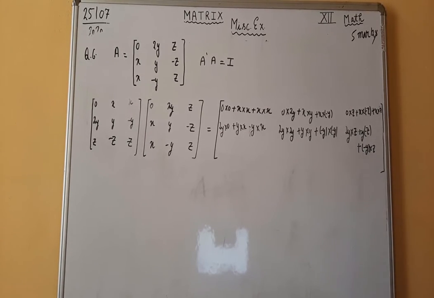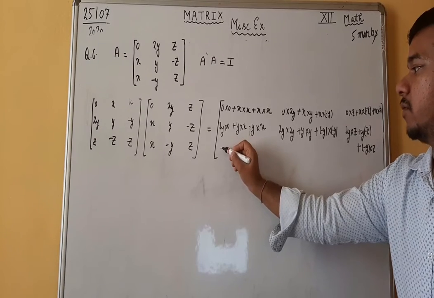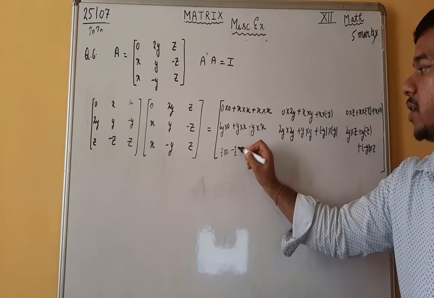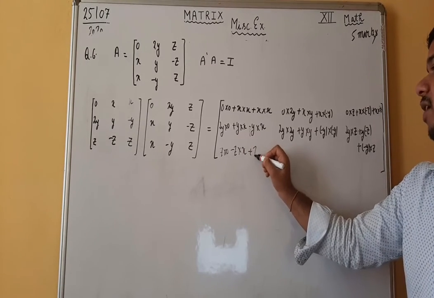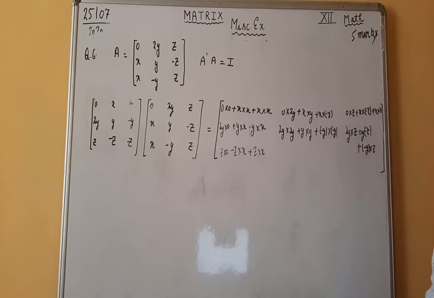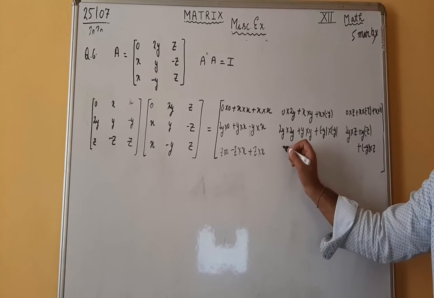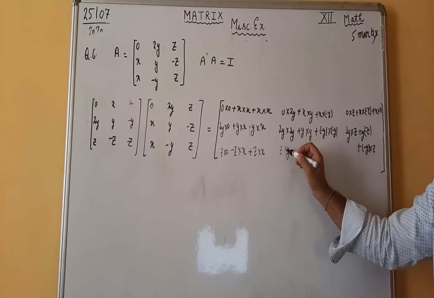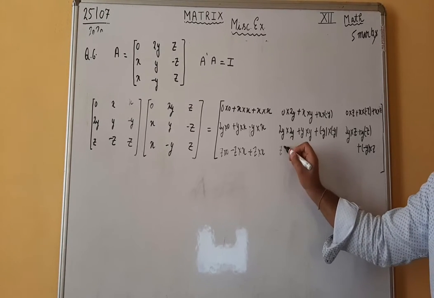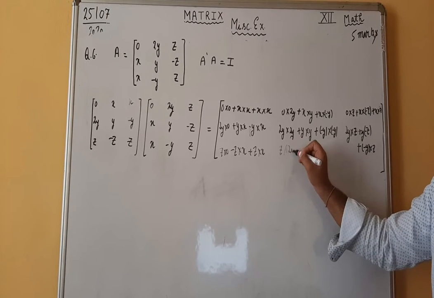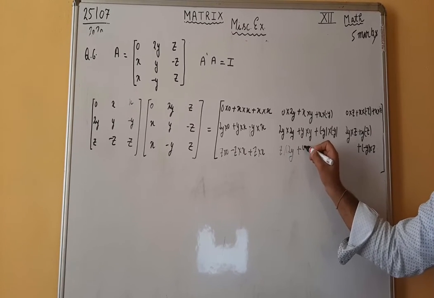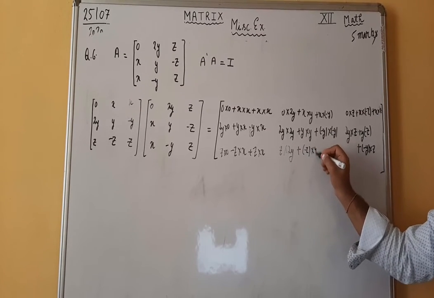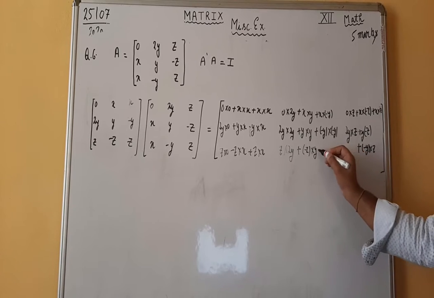Third row is what? Third row, first column: z into 0 minus z into x plus z into x. Now third row, second column: z into y, z into 2y plus y into y, minus z into y plus z into minus y.